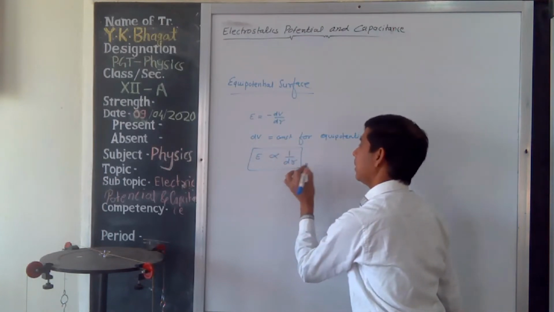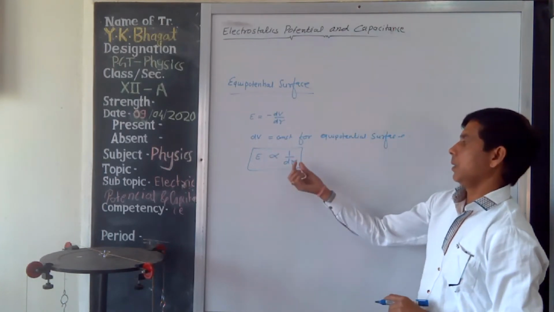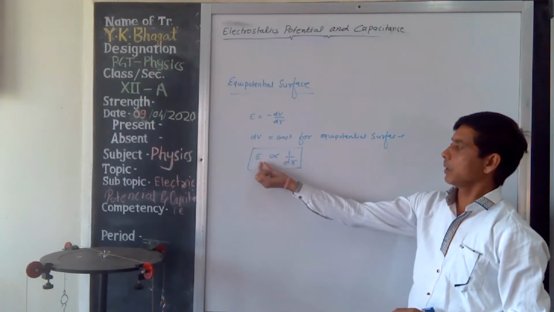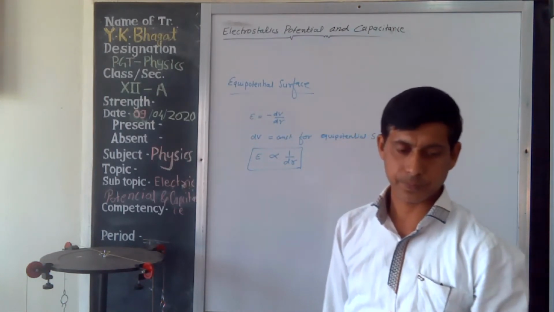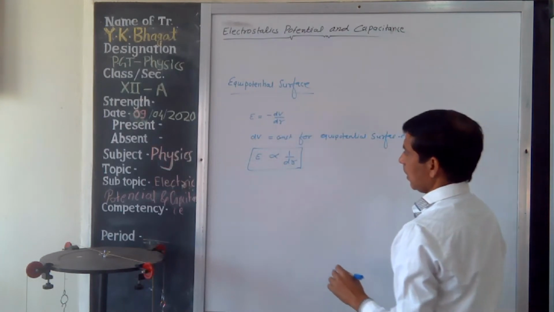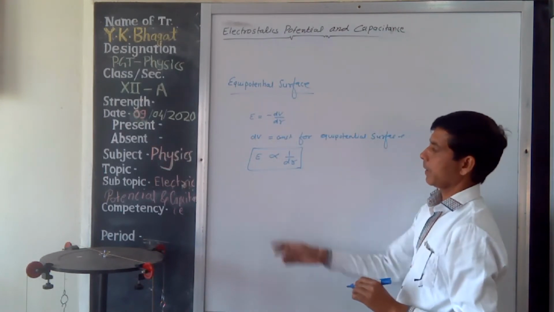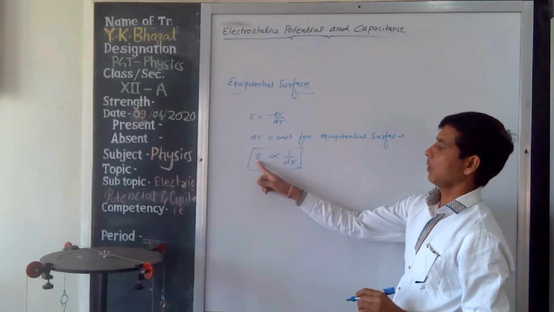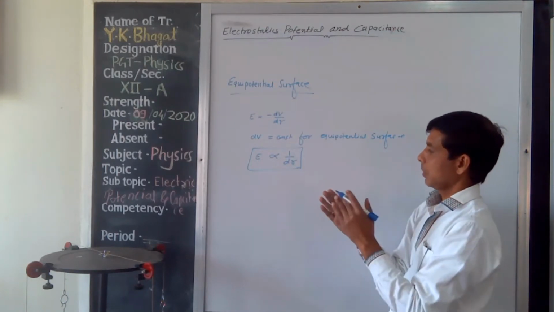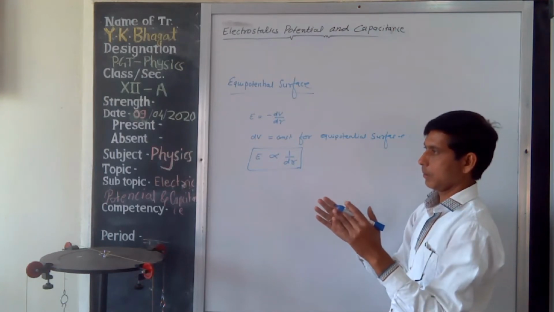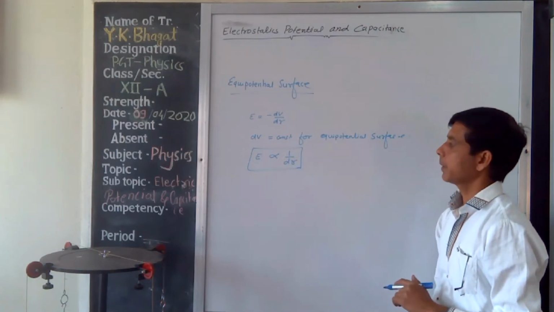Then what happens? If distance decreases, intensity increases. Means where intensity is strong, the equipotential surfaces are separated far away.